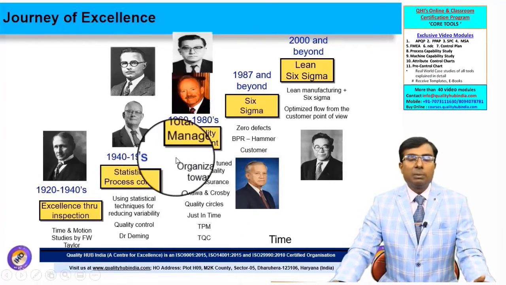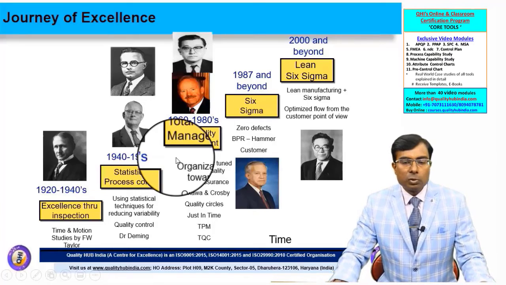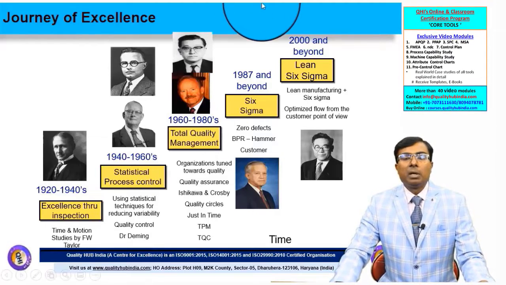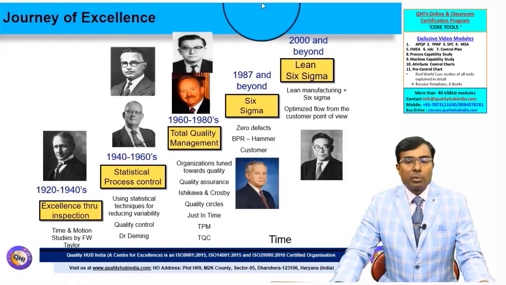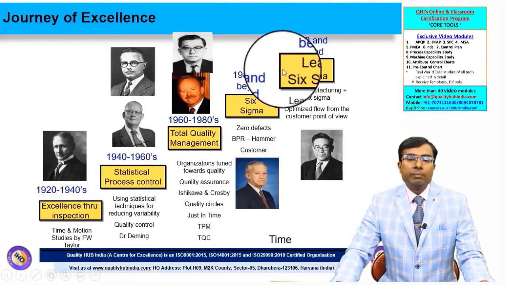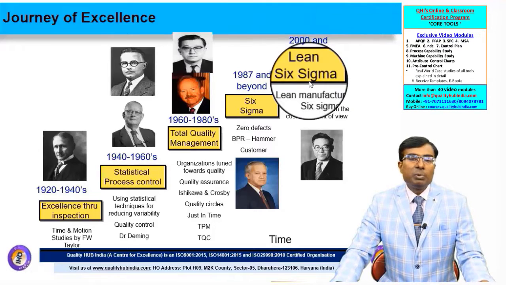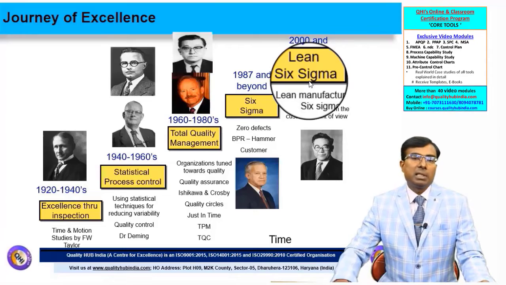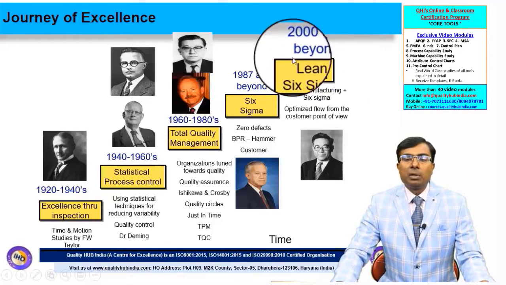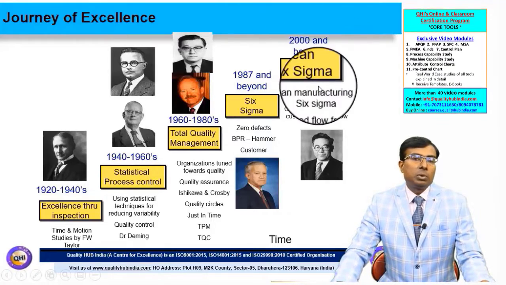In fact, there were lots of concepts pertaining to lean manufacturing which also evolved, and later on lean initiatives were also used during Six Sigma projects. That basically came during 2000 and beyond. People started understanding the importance of lean along with Six Sigma, and they started using Lean Six Sigma, which has come post 2000.